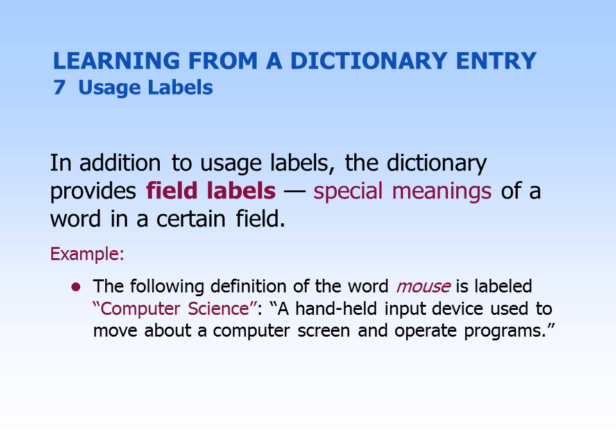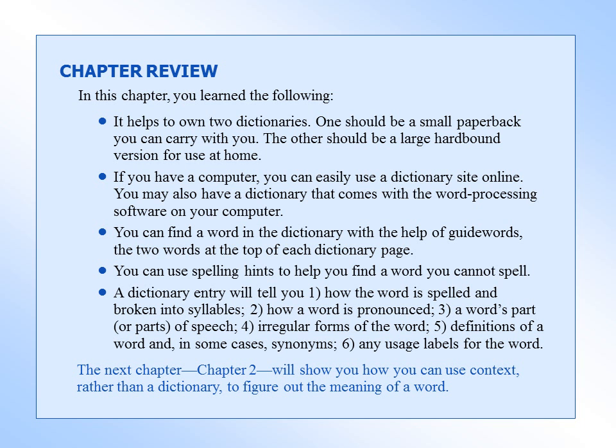You could also have field labels, which means that this particular word is only used in a specific field, like computer science, like biology, like a medical field. The example this gives you is the following definition of the word mouse, labeled computer science: a handheld input device used to move about a computer screen and operate programs. So that would have the special computer science field label.